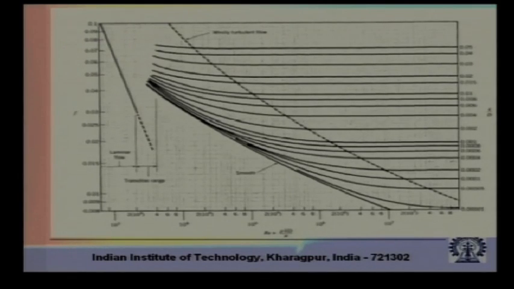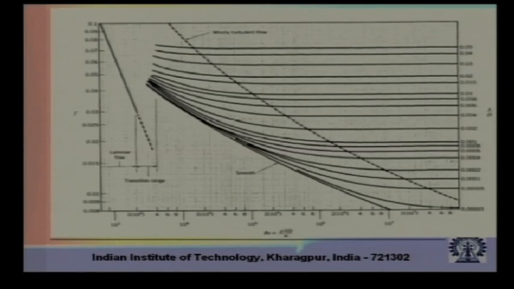Then you can see that as you increase the Reynolds number, there is a very interesting behavior. For very high Reynolds number, the friction factor is almost independent of Reynolds number. Why? Because if you see the lines towards the end, those are parallel lines.